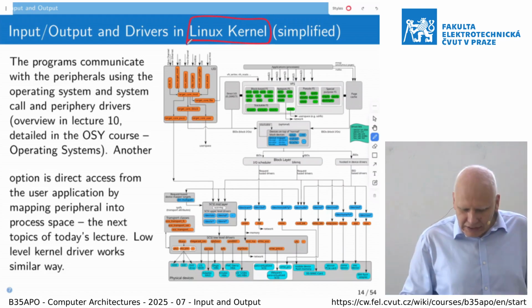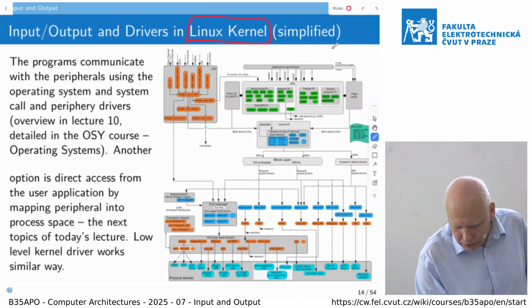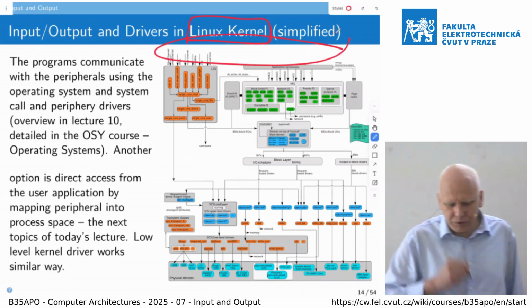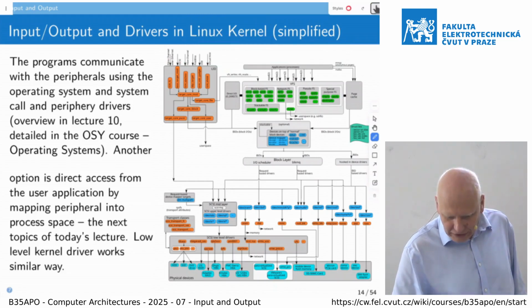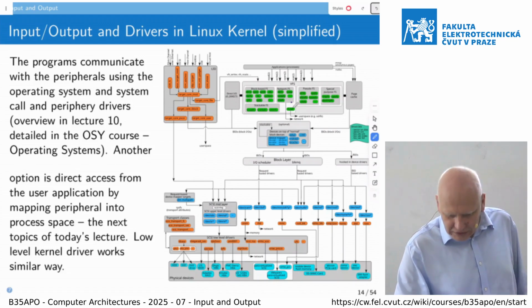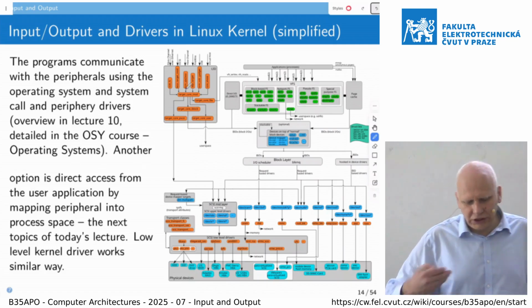But what we can see here is that there is some interface to the user space. That interface allows you to communicate with some subsystems, like, for example, file systems or the pseudo file system, which represents some hierarchy, or with some devices on the logical level.